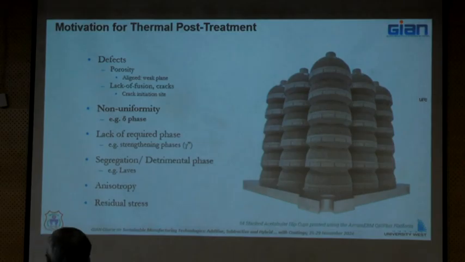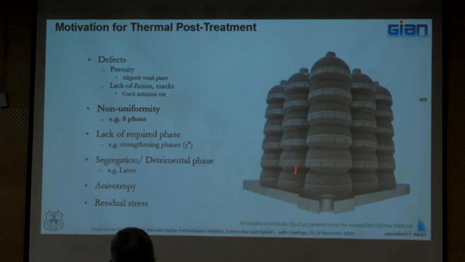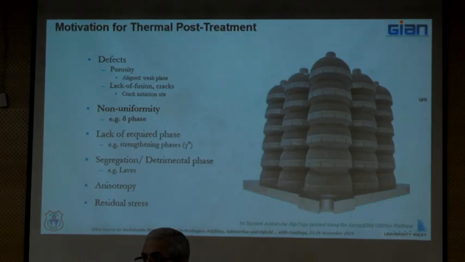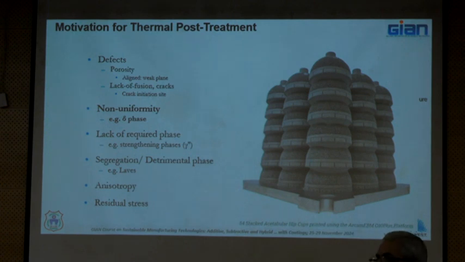Why has each location seen a different thermal history? I must explain a little bit more. Imagine that this part is built by EBM. Why has this location seen a different thermal history? Why should there be a change in phases? Anyone? Yeah?